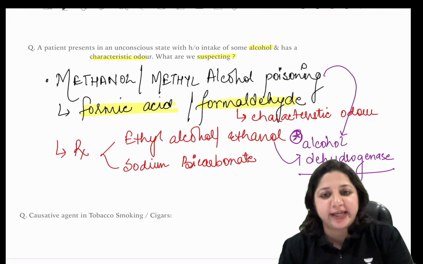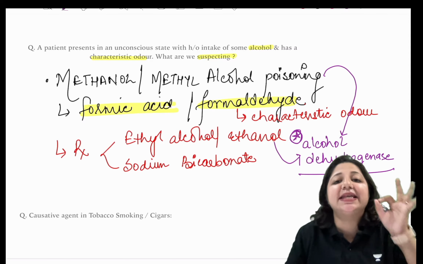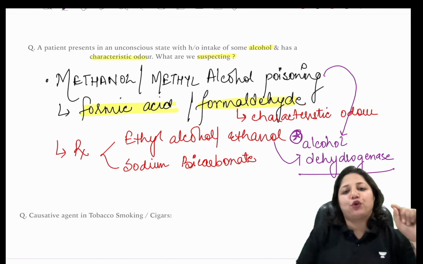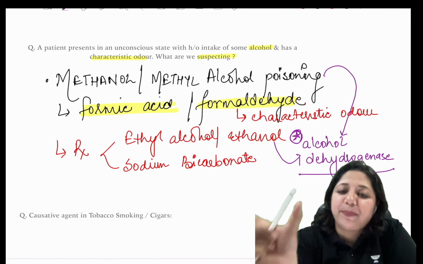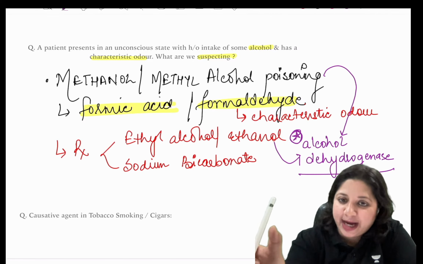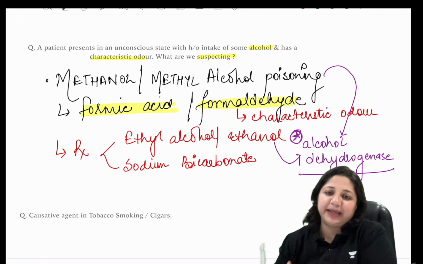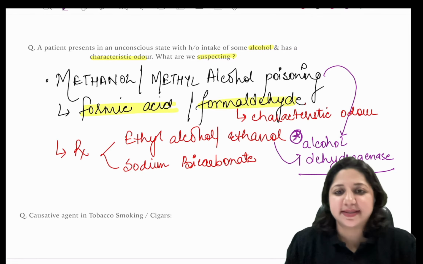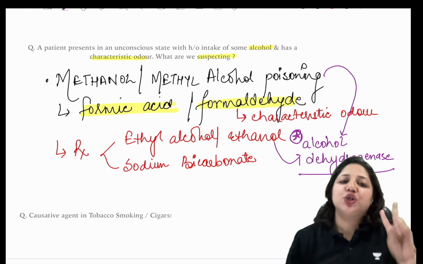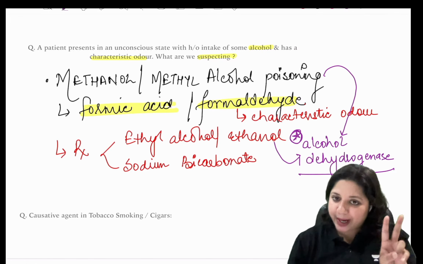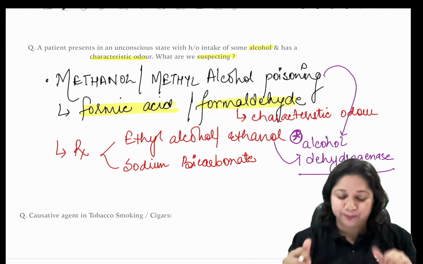So this enzyme alcohol dehydrogenase acts on the methanol to form formic acid or formaldehyde, which is the agent responsible for causing all the signs and symptoms. And in the treatment, you have to compete with this enzyme alcohol dehydrogenase and not let it act on methanol, but the ethanol competes with methanol for this enzyme. And the second compound that is used in the treatment is sodium bicarbonate. Right? So these two can be used. Then you can do gastric lavage and the rest is all the list.